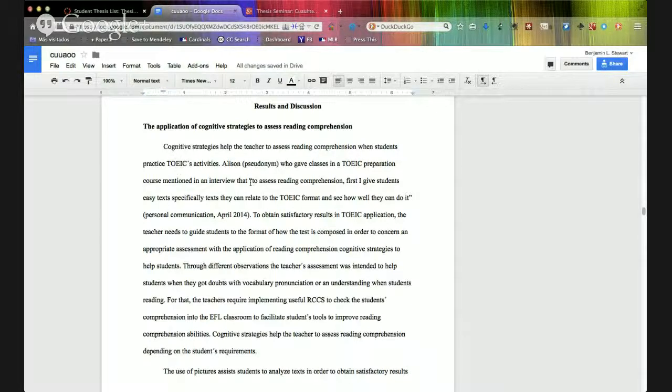So the first thing I notice in this first paragraph is it looks like you have evidence here, which is good. But the rest of the paragraph seems to be a discussion, until the period, because then through different observations, the teacher's assessment was intended to help when they got doubts. But this for me is still more like a discussion. What's an analysis, like based on what?